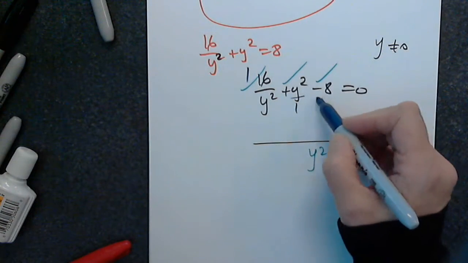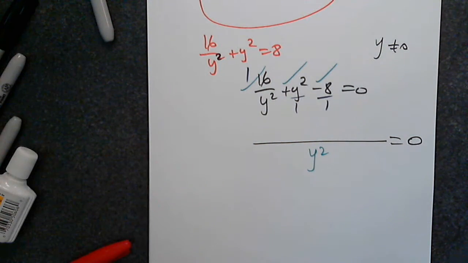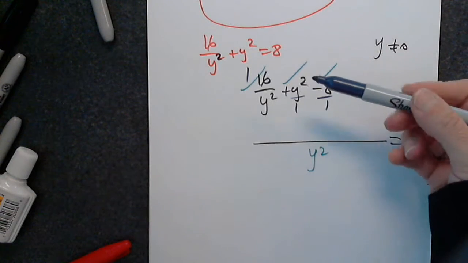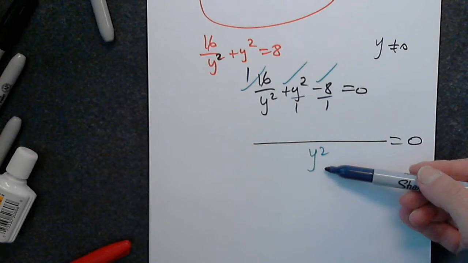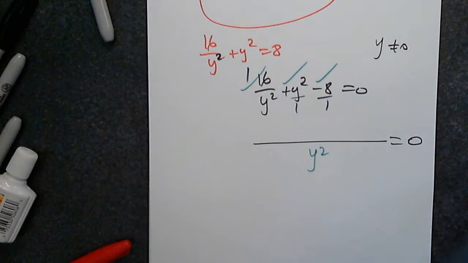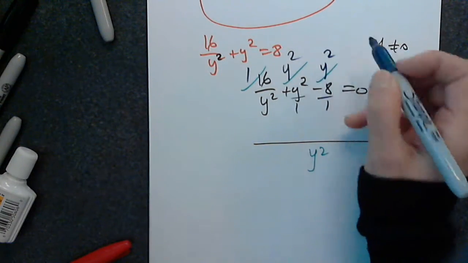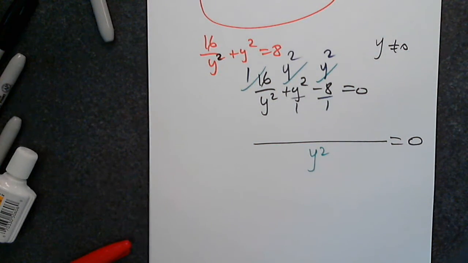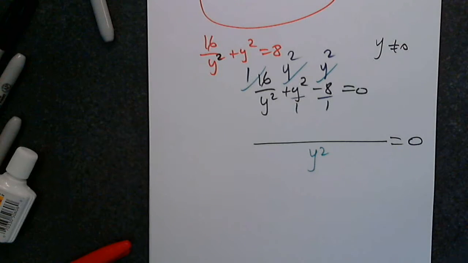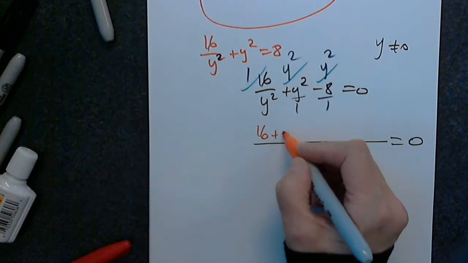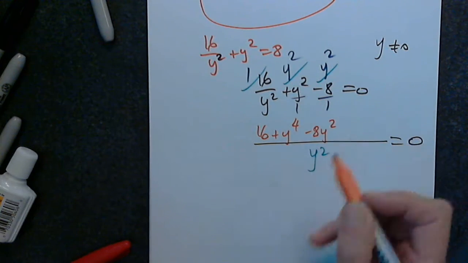It's over 1, right? So what is the top? If I start with 1 and I end up with y squared, I multiplied 1 by y squared. I have to do the same thing to the top. I cannot just decide to multiply the bottom by y squared without multiplying the top. Is that clear? Do we remember this? Okay. So then the numerator becomes 16 plus y to the 4th minus 8y squared.